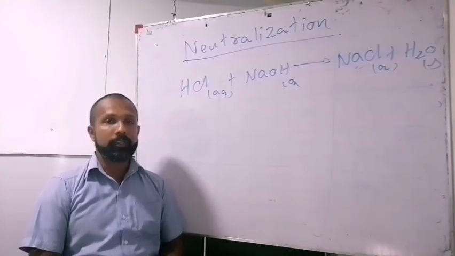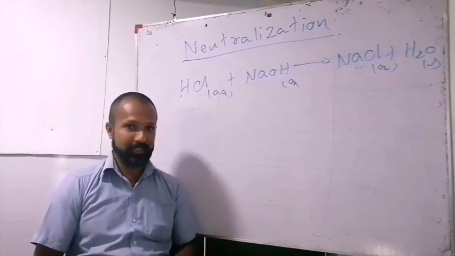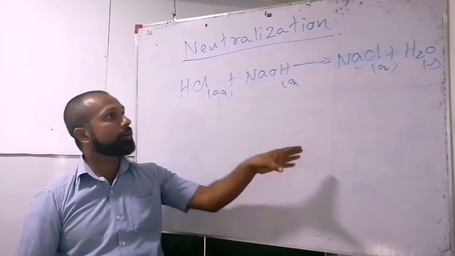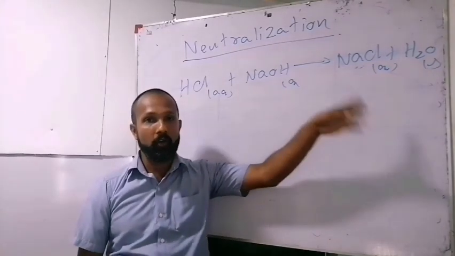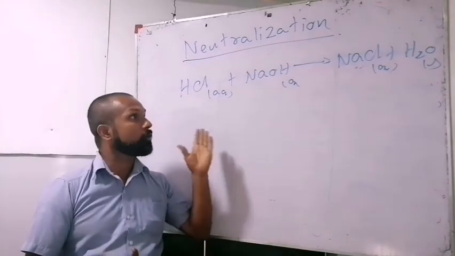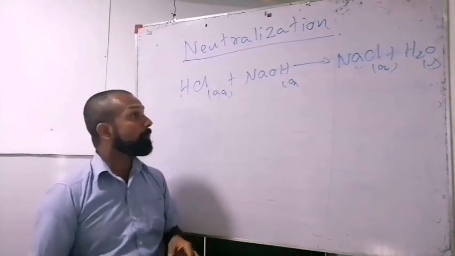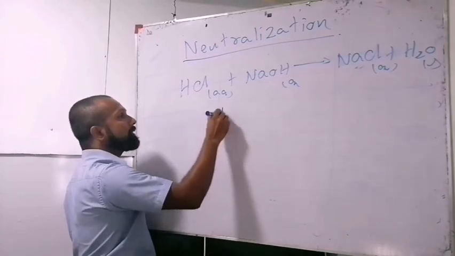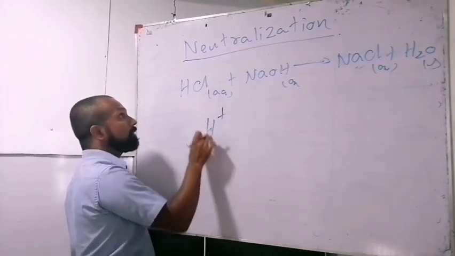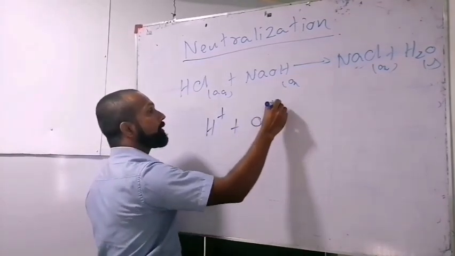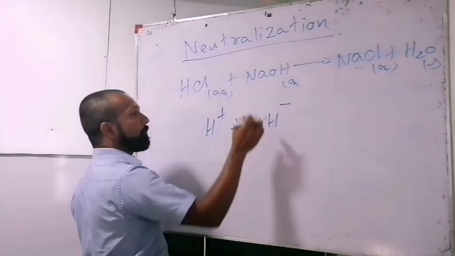Let's talk about neutralization. What is neutralization? As we learned earlier, an acid and a base react together to form a salt and a water molecule. What happens during this reaction? This is a neutralizing reaction. The H+ ion released by the acid combines with the negative hydroxyl ion released by the base.